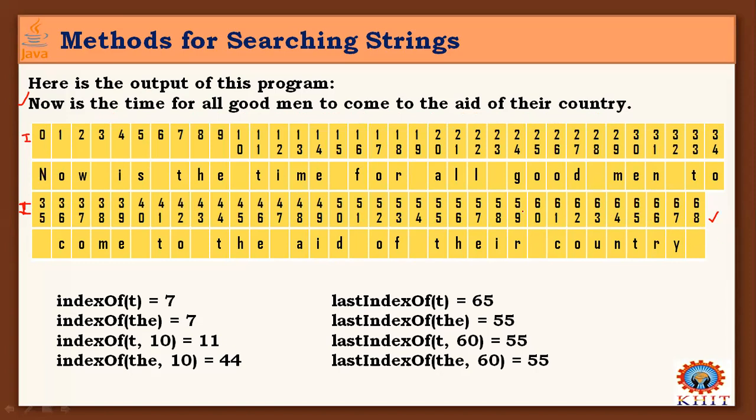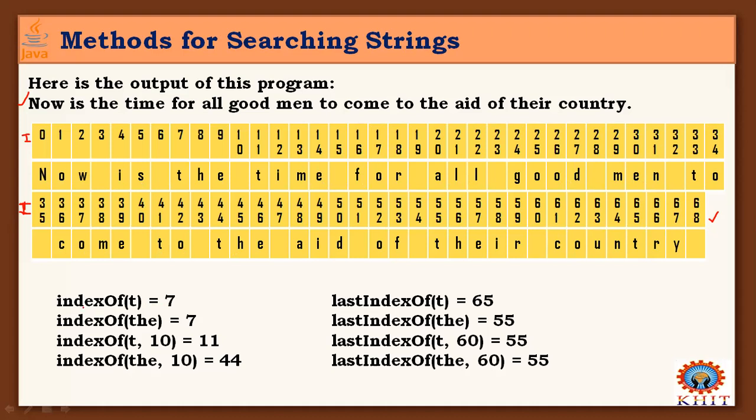This is index 68. 0, 1, 2, 3, 4, 5, 6, 7, 8, 9, 10, 11, like this. We have taken this into an array, including these white spaces.